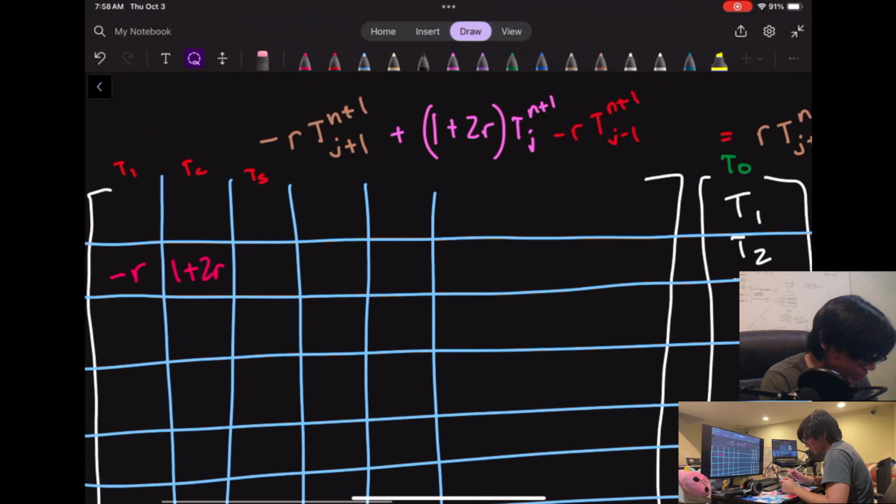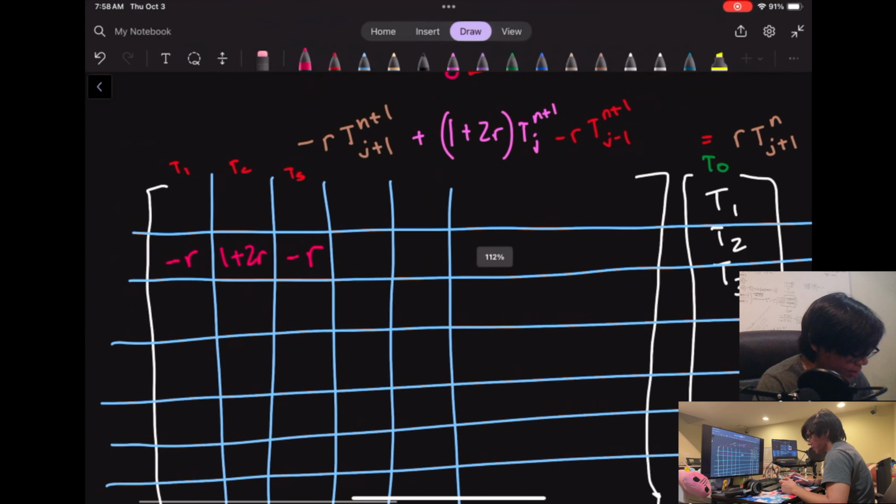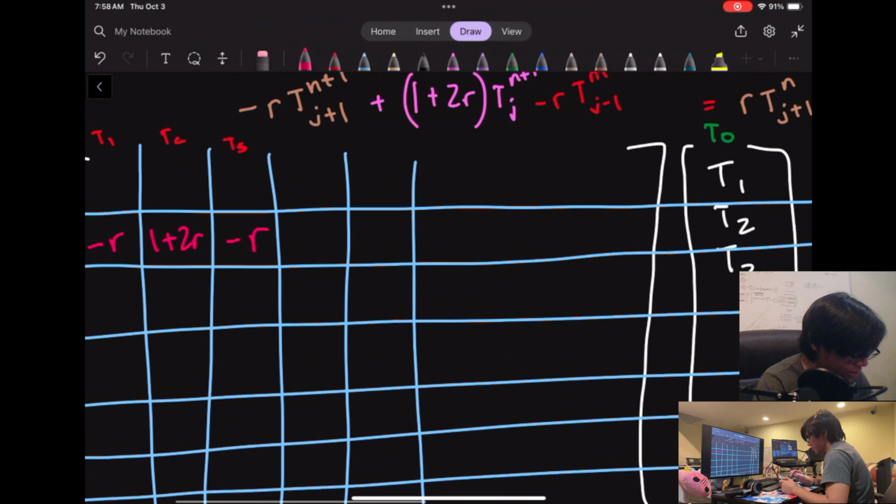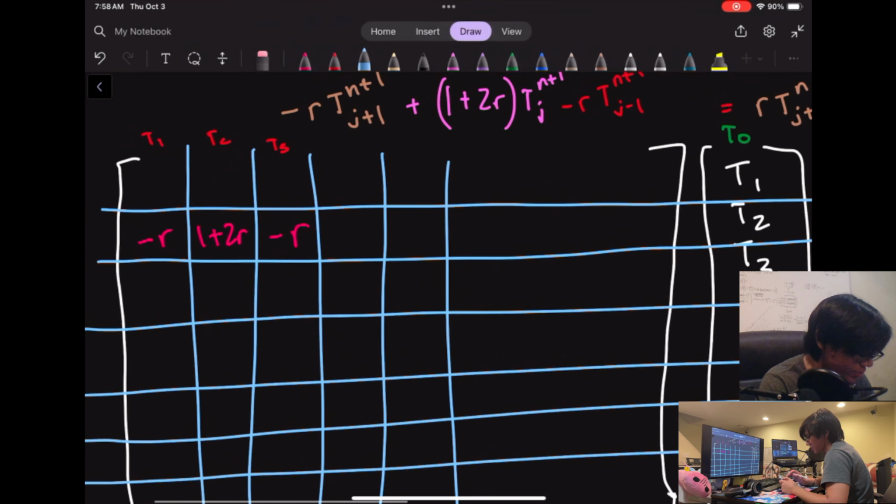So again, J equals 2. So if J equals 2, it must be 2 plus 1 is 3. So at the next time period, at T equals 3, this T3 must be multiplied by negative R. And let's move on to T3 as well. The rest of these are zeros. We should mention that as well. So something like 0.